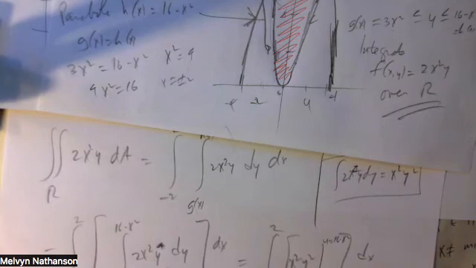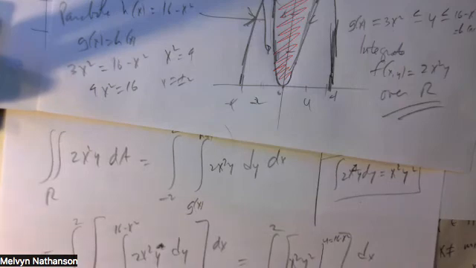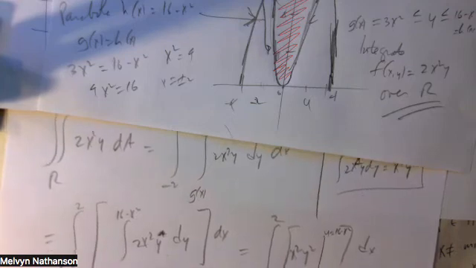The integral of 2x squared y dy is x squared y squared, evaluated from y equal 3x squared to y equals 16 minus x squared. So this is equal to x squared times 16 minus x squared squared, minus x squared times 3x squared squared.